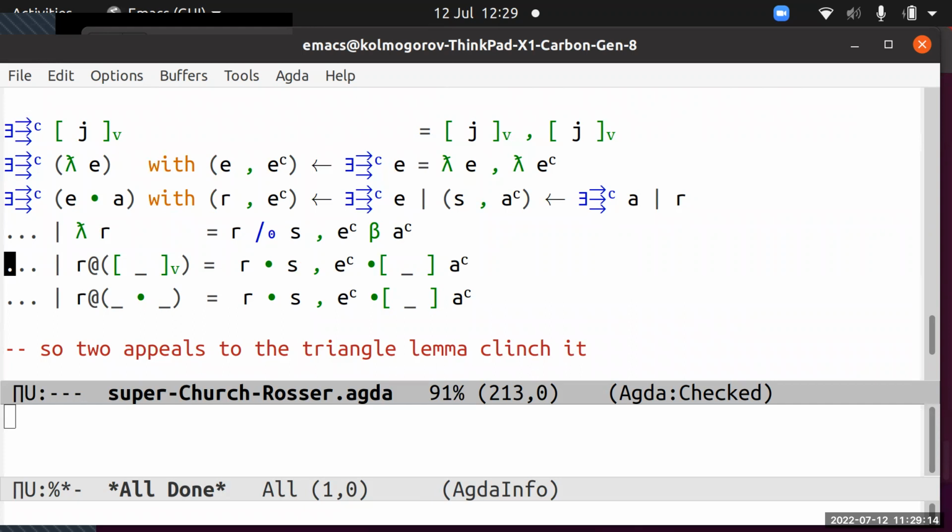And then I said you have to do case analysis in the application case. So here it is. I get a term which is the super complete development of E and a proof that it is indeed such. And I also have the corresponding thing for the argument. And then this is where it is a bit crunchy. I have to do something in the lambda case, and what I do in the lambda case is beta reduce.